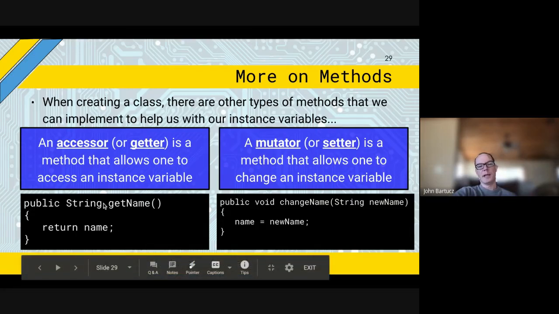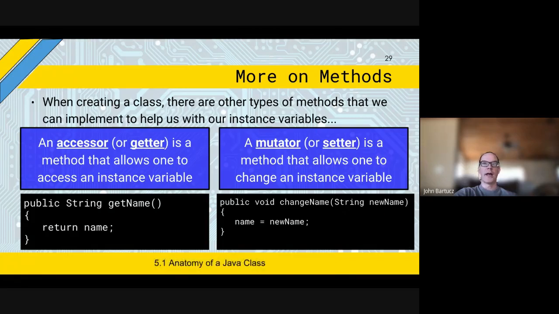So when I'm getting the name, it's public string because I'm expecting a string back from this method. When I'm setting it, I have to pass in a string, new name, but I'm not getting anything back. So it's public void. So the getter just returns whatever is in the variable here, name, and the setter changes the name to whatever I passed in. So this is how you change and retrieve private variables from outside your class.